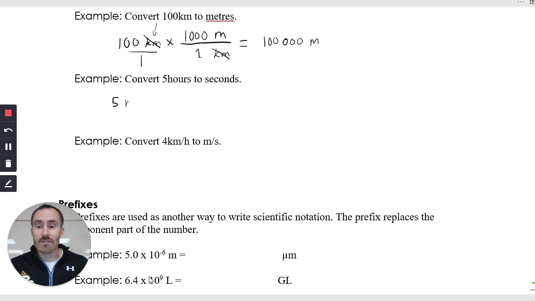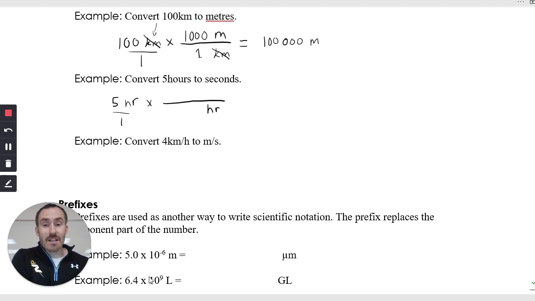Let's try 5 hours to seconds. So we multiply it by the ratio that compares hours to seconds. So if this is a fraction like this, hours is on the top, and so I want to divide it away. So I put hours on the bottom, and I want to change it to seconds. Now, I could change it to minutes first, and then change the minutes to seconds.